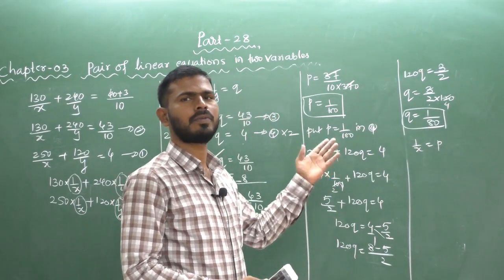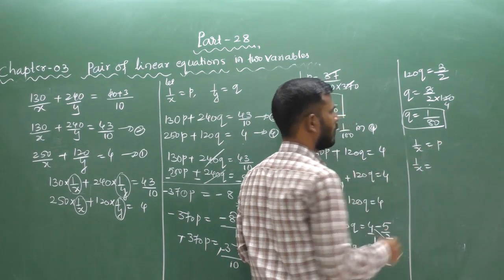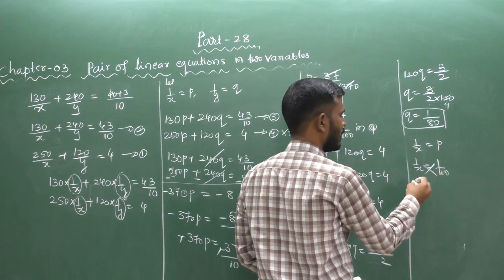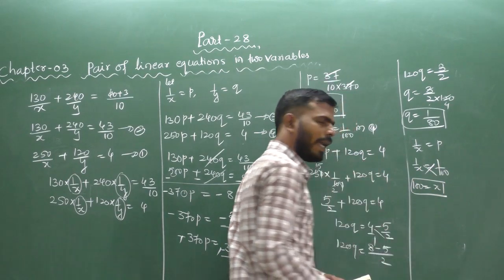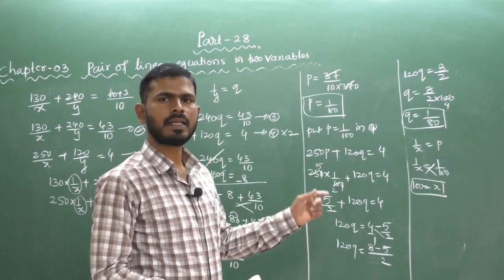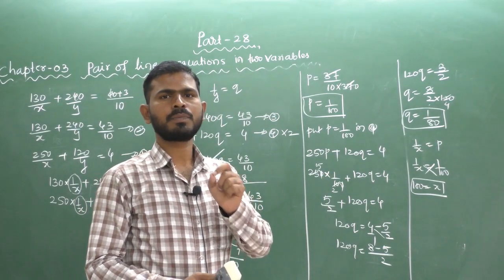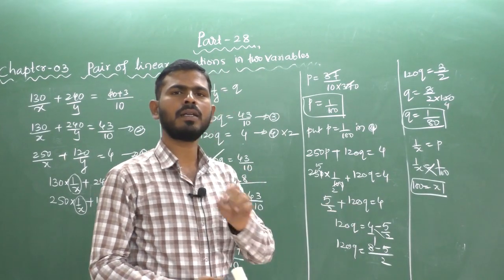The p value is how much? 1 by 100. Cross multiplication means we will get 100 equal to x. So x is the speed of the train. This last sentence you have to write compulsorily: therefore, the speed of the train is x equal to 100 km per hour.